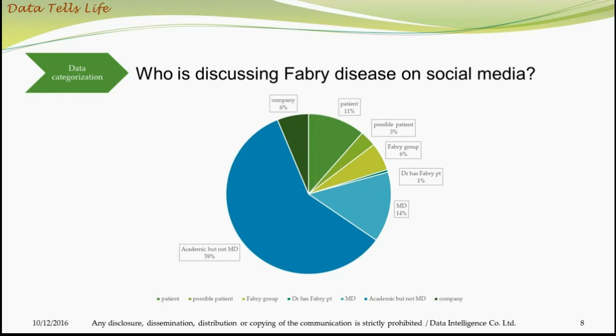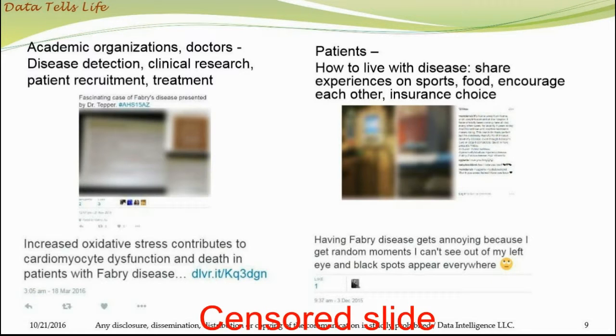However, only 1% of posts from medical doctors indicate they have ever seen a Fabry disease patient. I think this is not a surprise because the patients are very rare. The patients are also very active. We discovered 11% of posts are from patients. And what are they talking about?